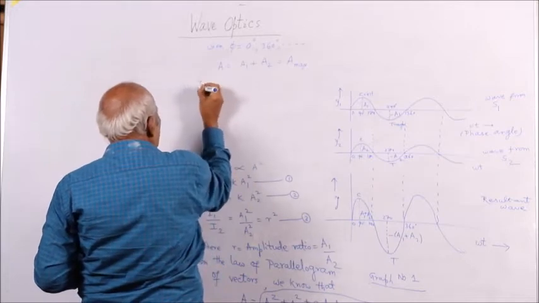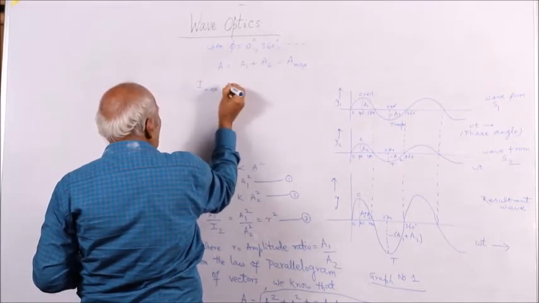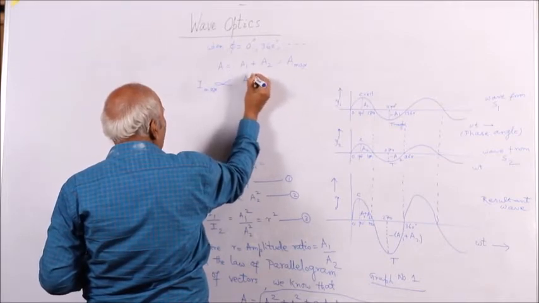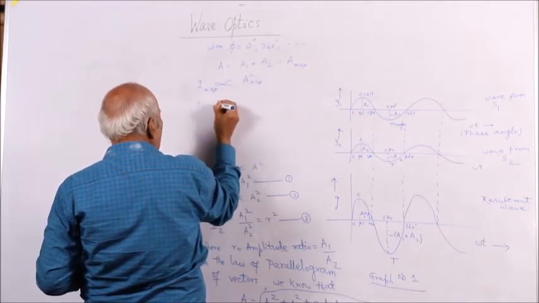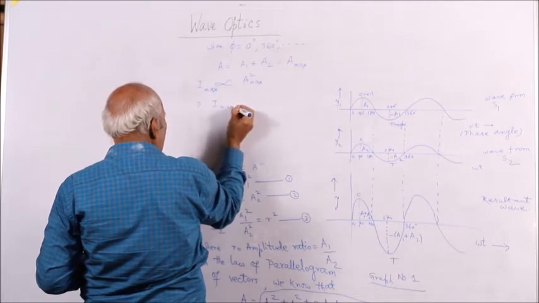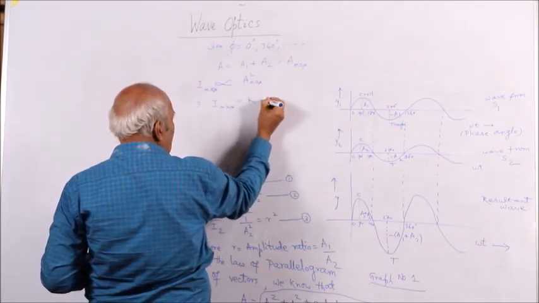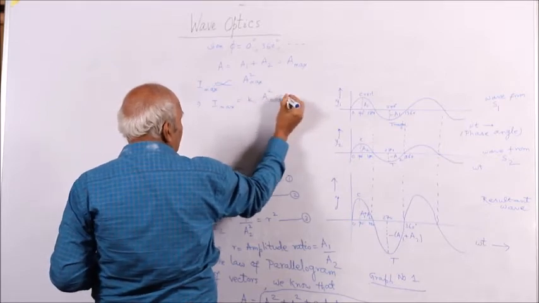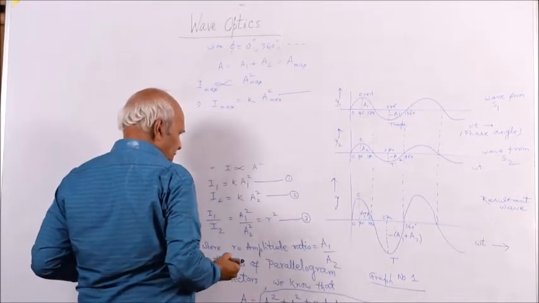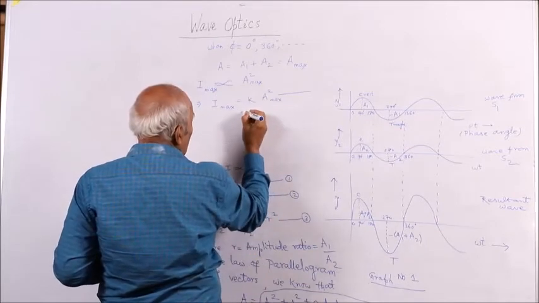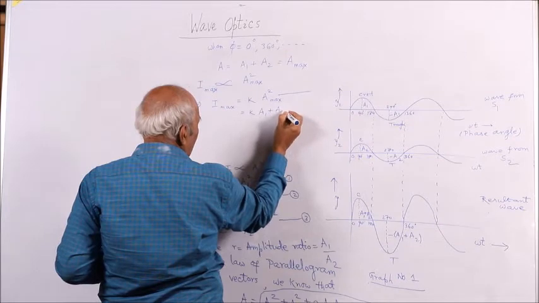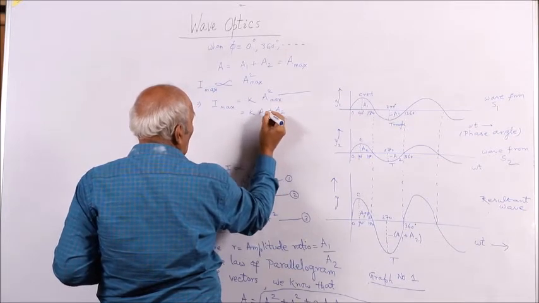So, I max will be proportional to A max square. So, it implies I max is equal to constant of proportionality k, then A max square, or saying this is k times A1 plus A2 whole square.